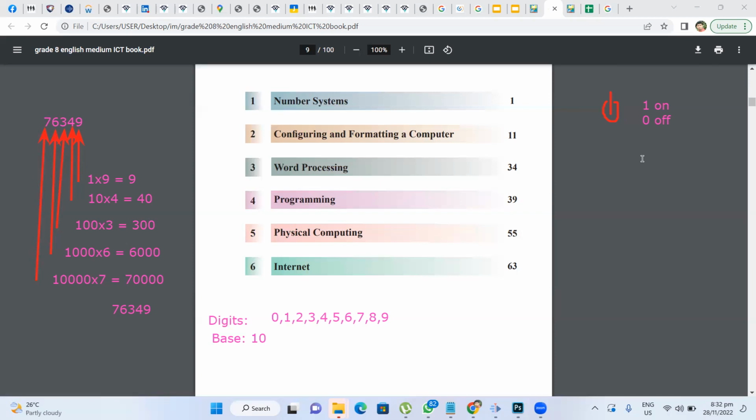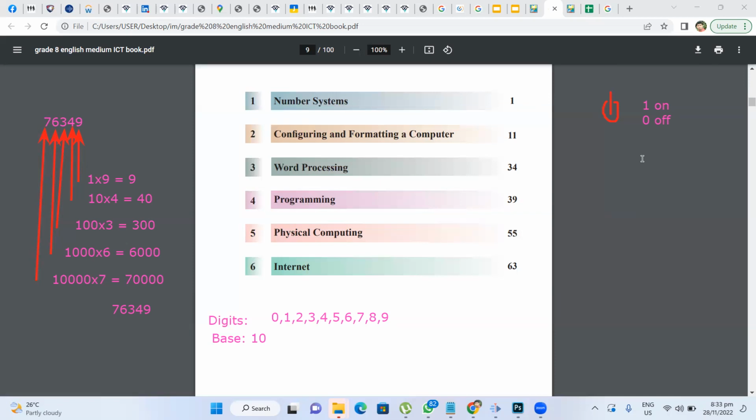But it can understand two status, 0 and 1, on and off, because it is an electronic device. An electronic device can only understand two status, which is represented by using 1 and 0.